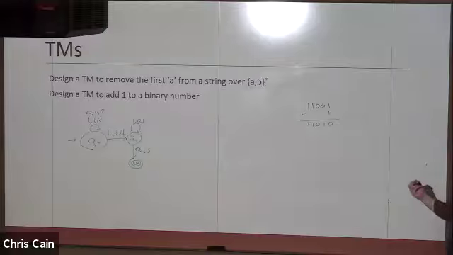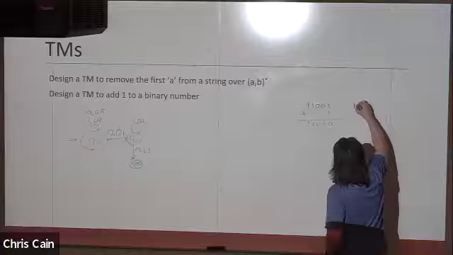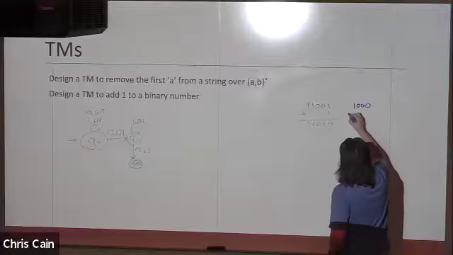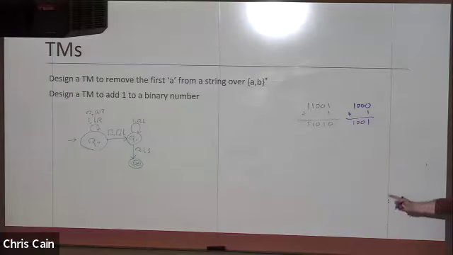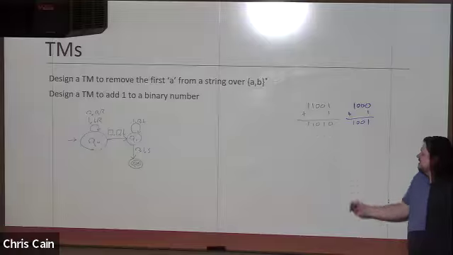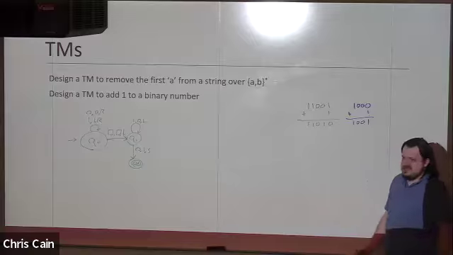As soon as you see a 0, that is the terminating condition that says that there's nothing else that we need to look at. If the number ends in a 0, to add 1 to it, you just replace the last digit with a 1 and you call it a day. There's nothing you have to do to any other digit to the left of that. Once we find the thing that becomes a 1, everything to the left of it stays the same.